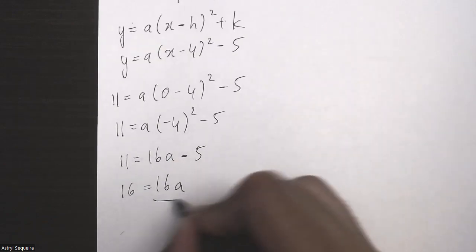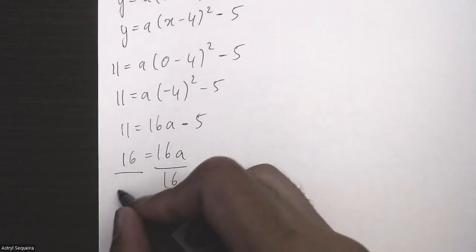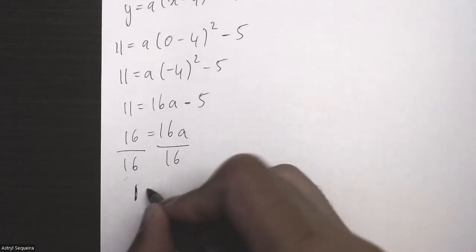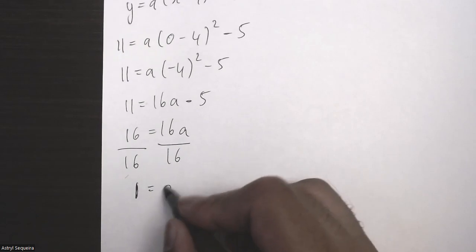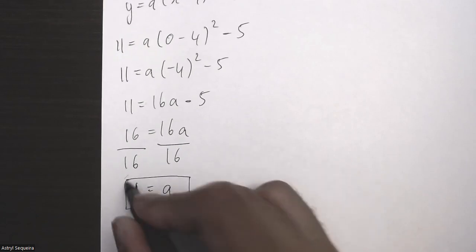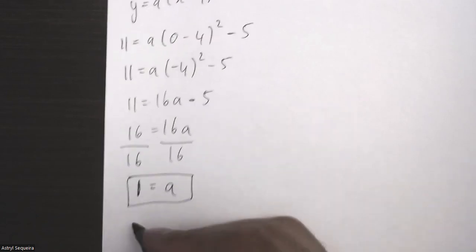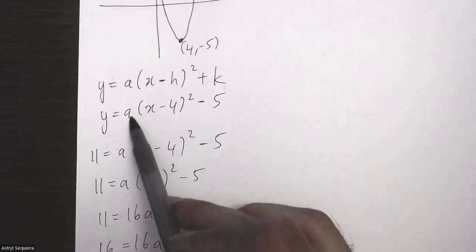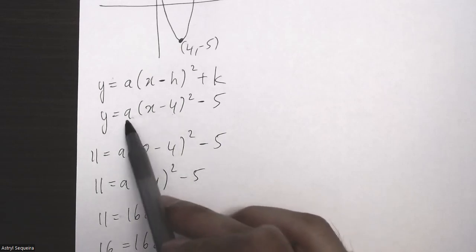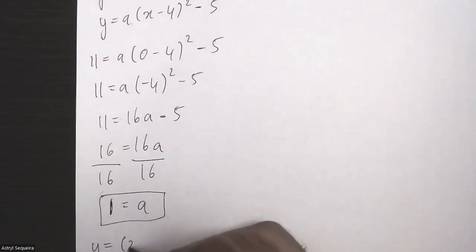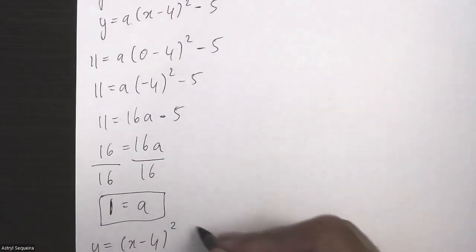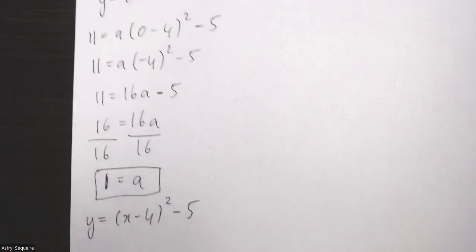So I get a equals 1, which is a bit easy in this question. We got lucky with this one. Hopefully the other one won't be the same. When I rewrite my equation, since my a value is 1, I don't even have to write the 1 because 1 times anything is the same thing. So it's just (x minus 4) squared minus 5.